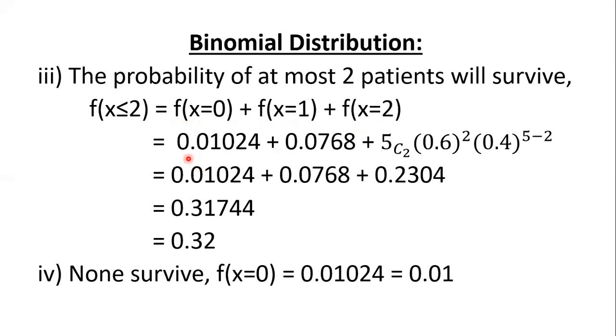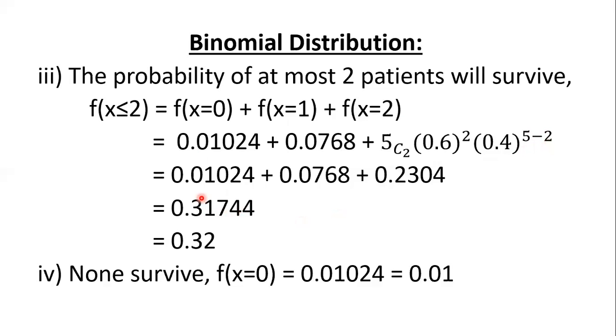Now, putting the values of n, p, q and x, we find P(X = 0) = 0.01024 and P(X = 1) = 0.0768 and P(X = 2), that is 5C2 × (0.6)^2 × (0.4)^(5−2).